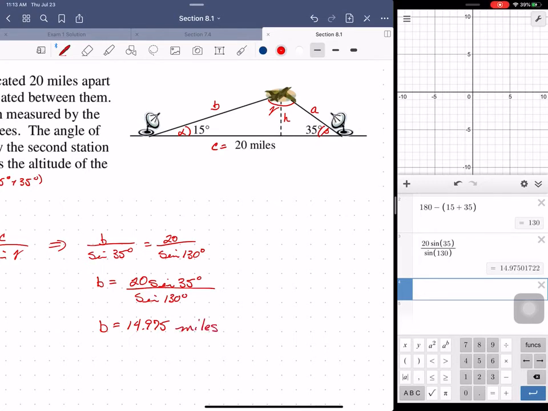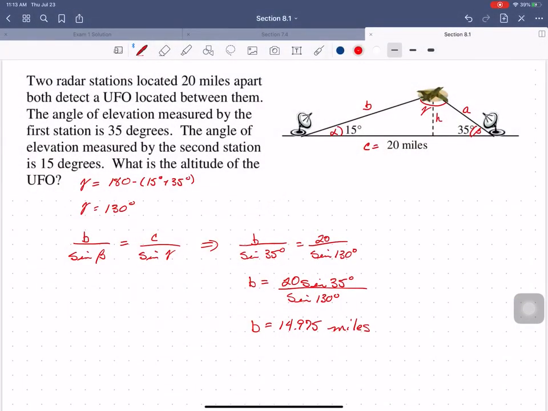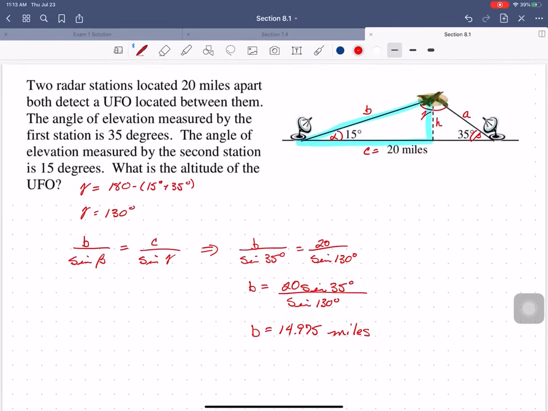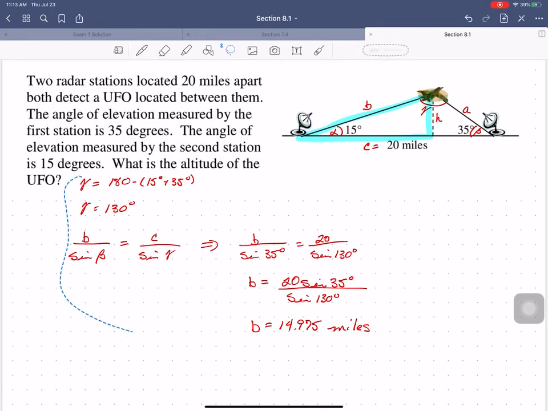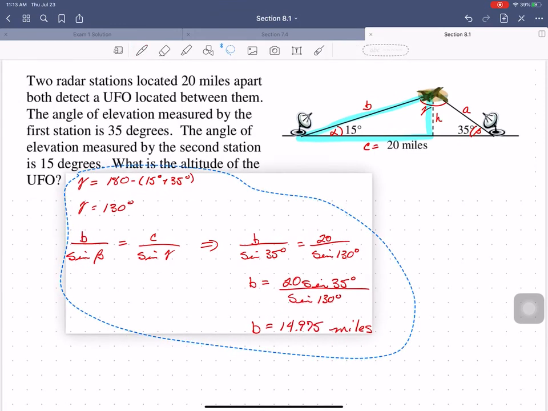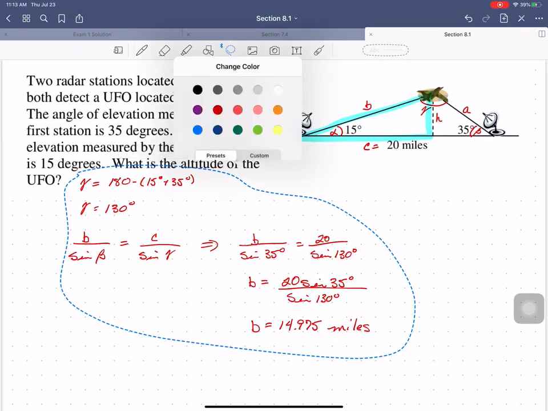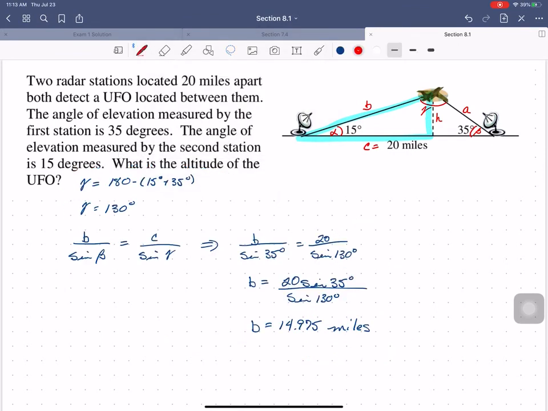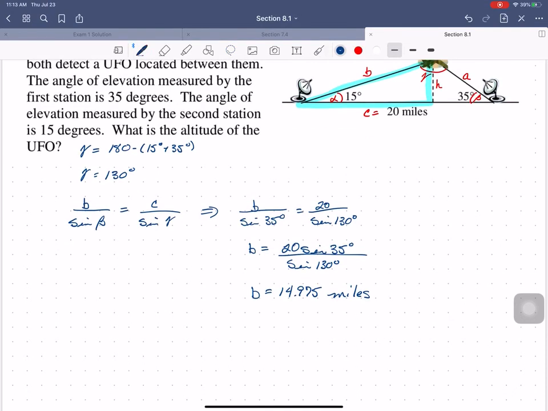And now I can find my altitude, because I can use just this little right triangle here to find that value h. Okay, so what do I know? Well, that's a right triangle, yes?